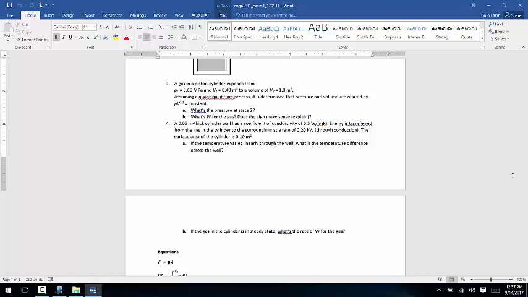Energy is transferred from the gas to the surroundings. Yeah, so if energy is just leaving at 0.2 kilowatts through heat, then work is being done at that same rate of 0.2 kilowatts. Work is being done on the gas, so W is negative, yeah.